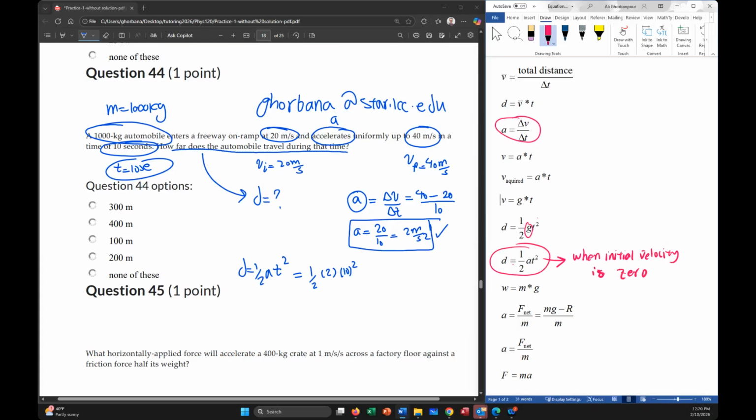But the initial velocity here is not 0. So we need to rewrite this equation. We say d is equal to v initial multiplied by t plus 1 over 2 a t squared. Good?